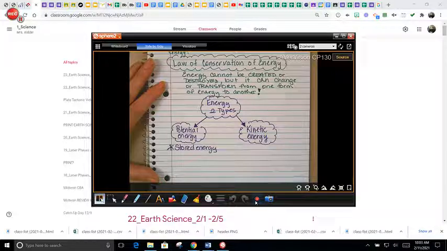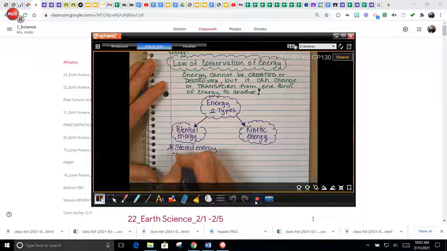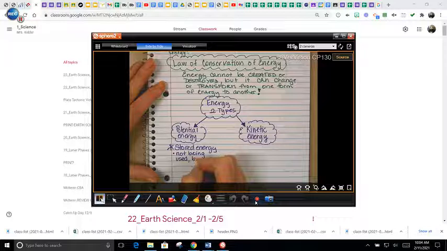Okay, so it's stored. It's there and waiting. So it's not being used, but has the ability to be used later because it's stored.